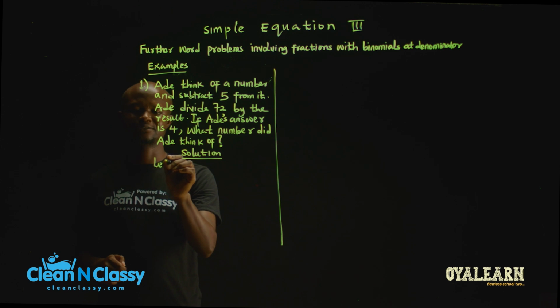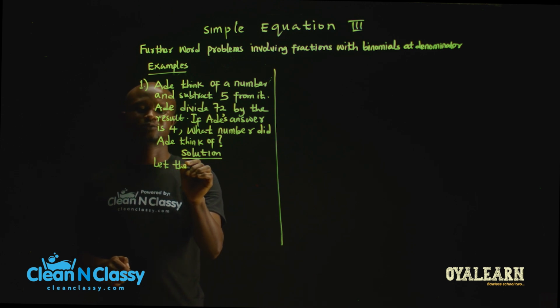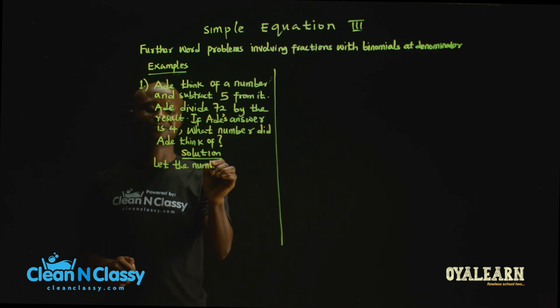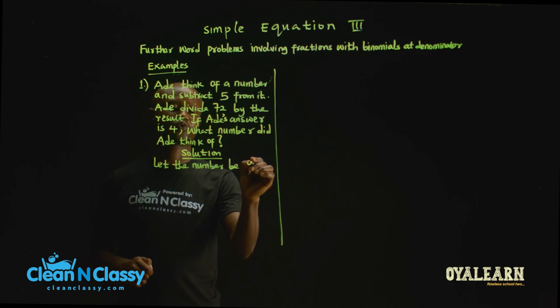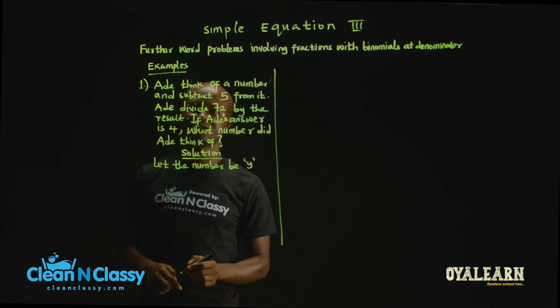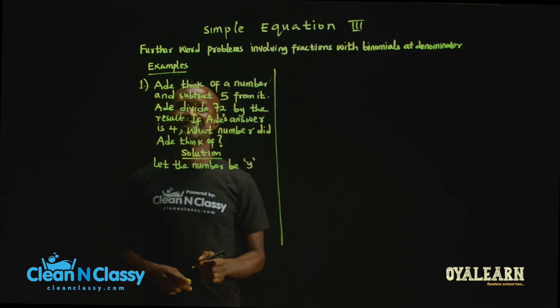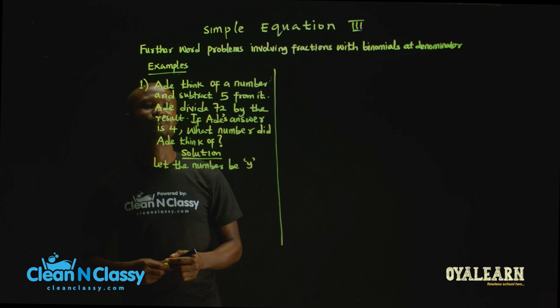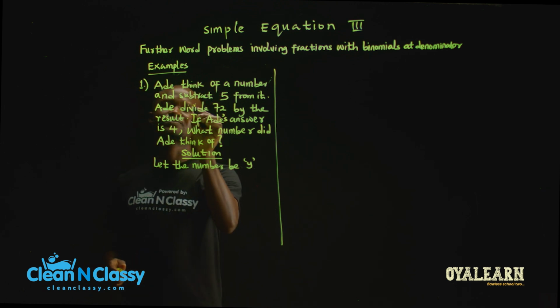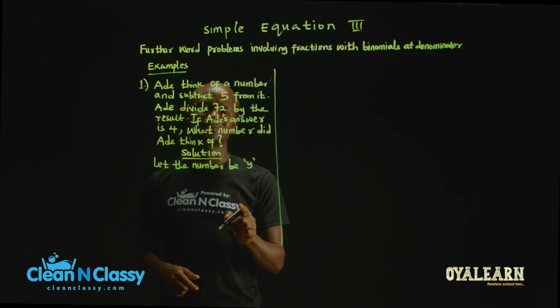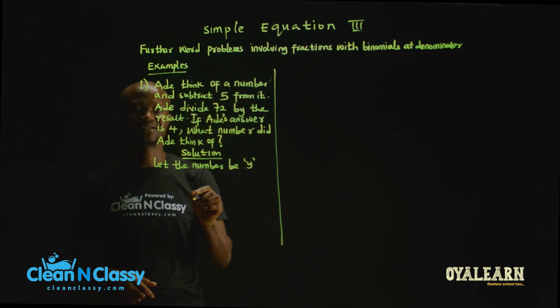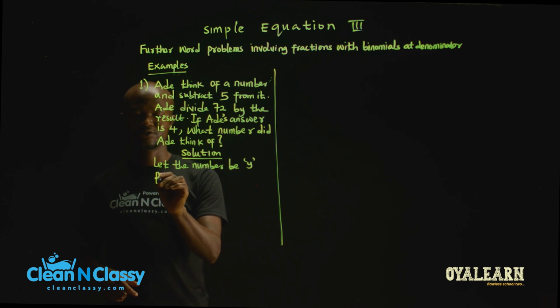Let the number be y. If the number is y, then I think of a number and subtract 5 from it. Subtracting 5 from the number, which is y, what is the result?